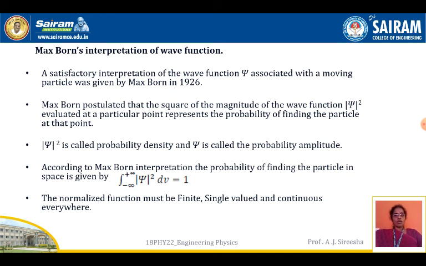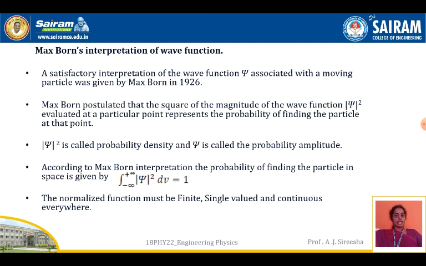Mod psi whole square is called the probability density, and psi is called the probability amplitude. According to Max Born's interpretation, the probability of finding a particle in space is given by the integral from minus infinity to plus infinity of mod psi whole square dv is equal to 1.